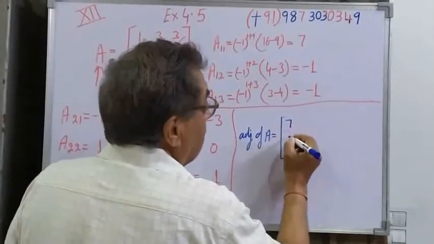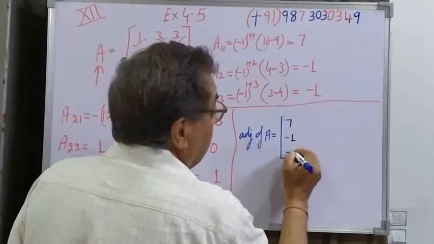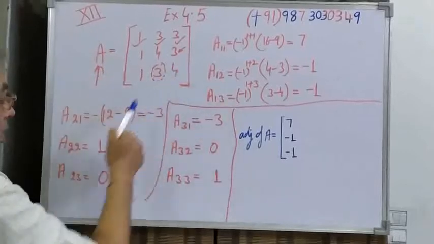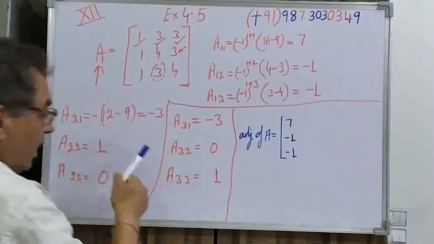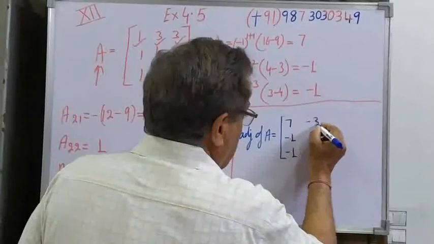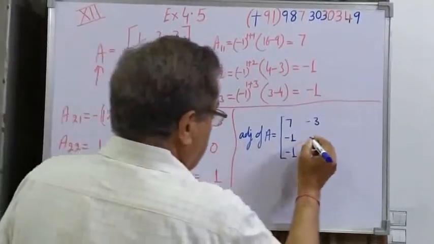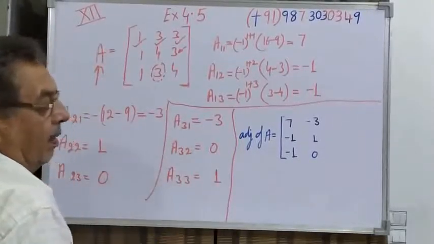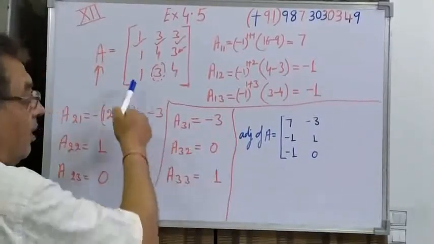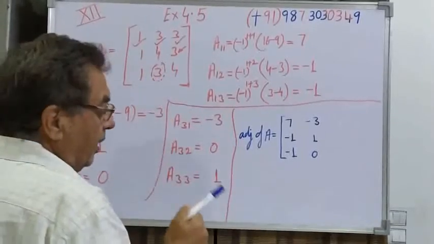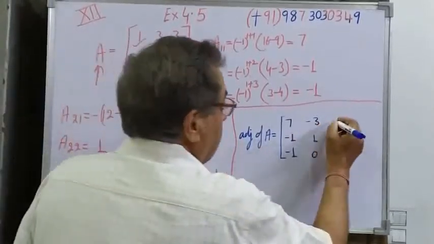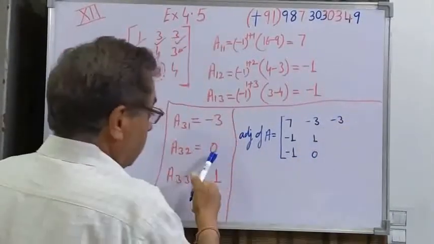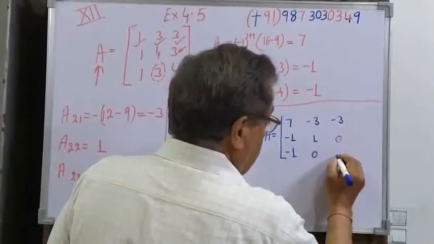Transpose: 7, minus 1, minus 1. Cofactors of the second row will be in the second column: minus 3, 1, 0. Now these are the cofactors of the elements in the third row, to be written in the third column: minus 3, 0 and 1.